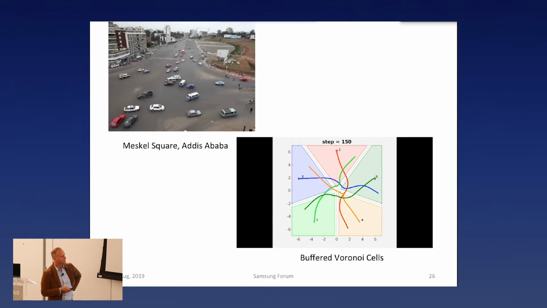Not quite as impressive again as the human example, but you can see something in the spirit of that human example. Every car only knows about its neighboring cars, and they are able to use some very fast computational policy to navigate around one another and avoid collisions in a fully distributed way. There's no centralized planning here at all.